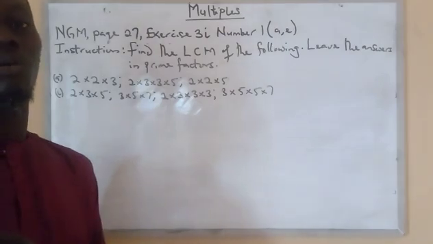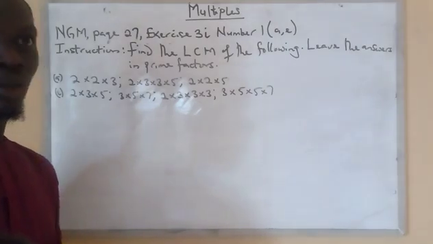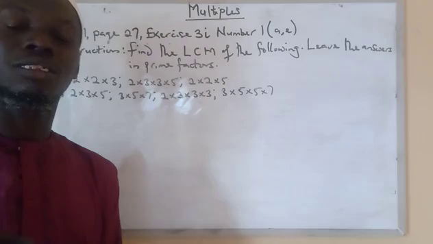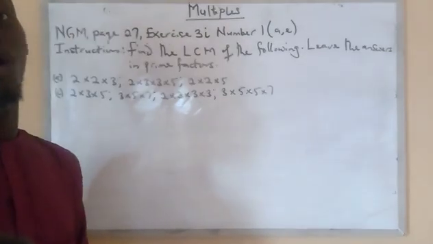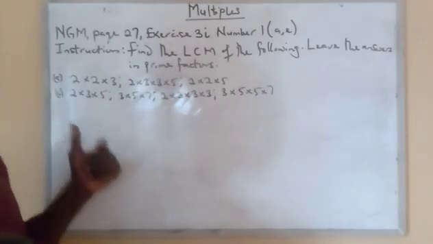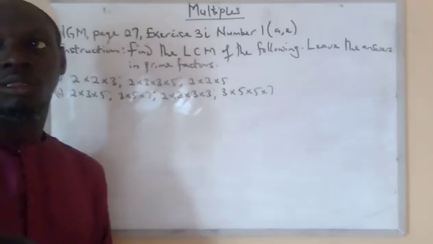We gave examples. So when we say lowest common multiple, we mean the smallest number that is common to 2 or more numbers. So let's take a look at this one.